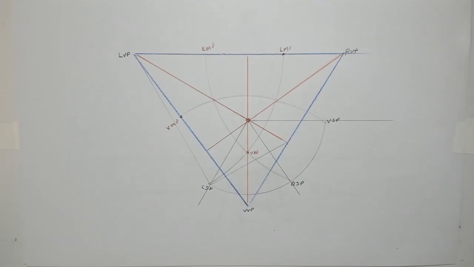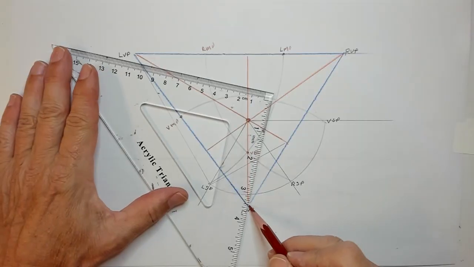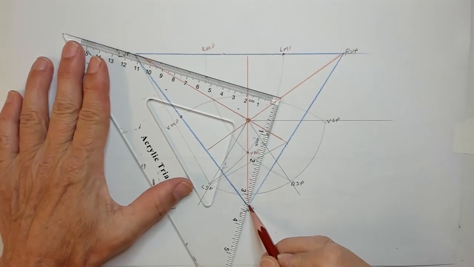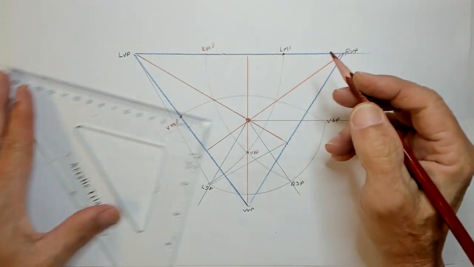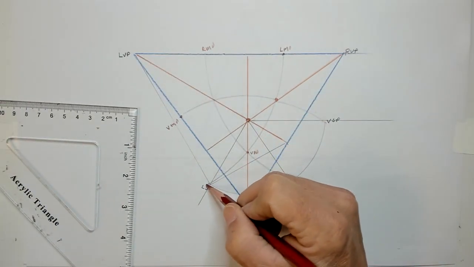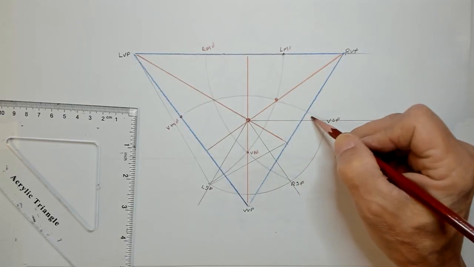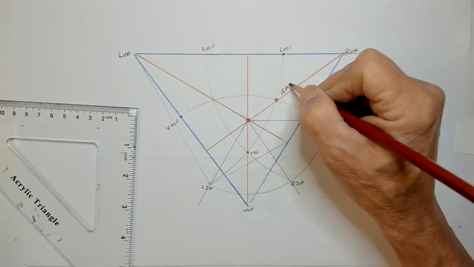We found the right axis point just by taking our triangle and setting it like this on this right reference line. You can also use these lines where these cross. This is that right axis point.